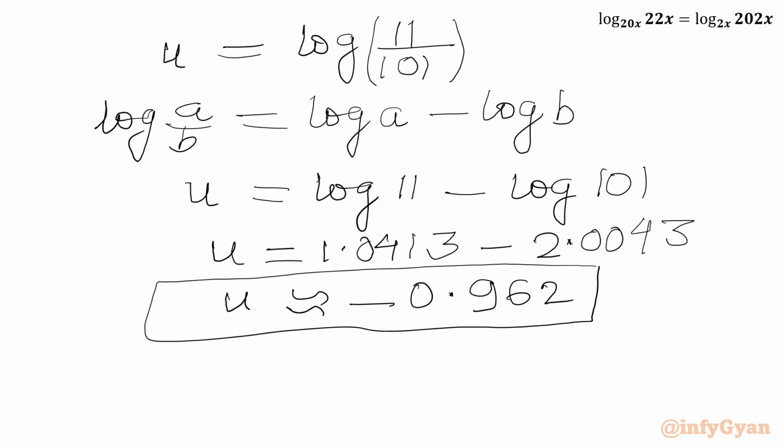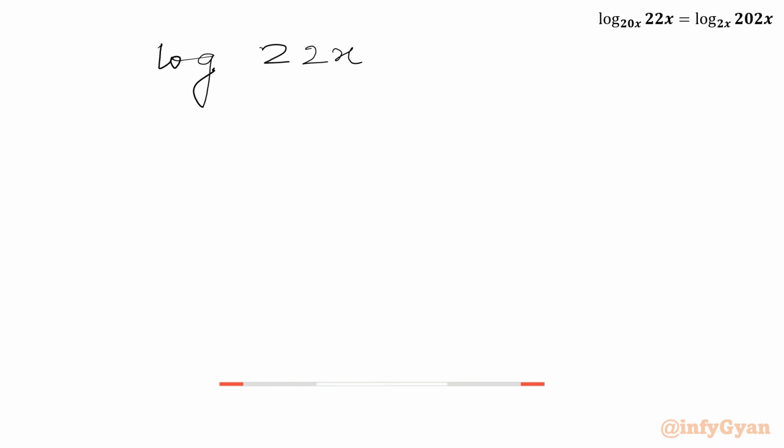Now u is known, we have to calculate x. So we will use our first equation in log form. Let me write here the first equation in log form: log 22x with base 20x will equate with u. So let us simplify the LHS first.